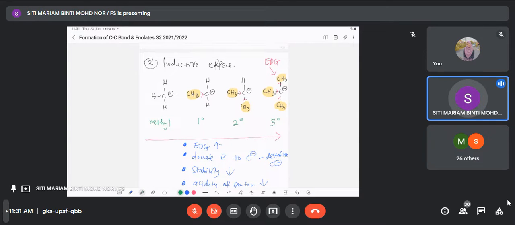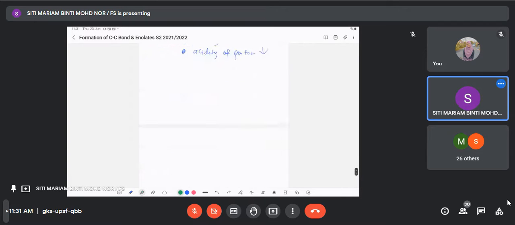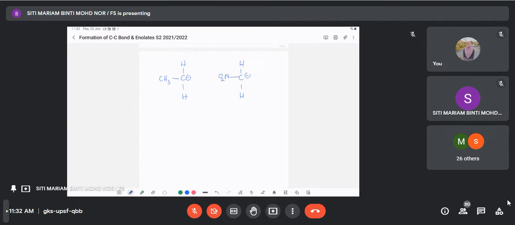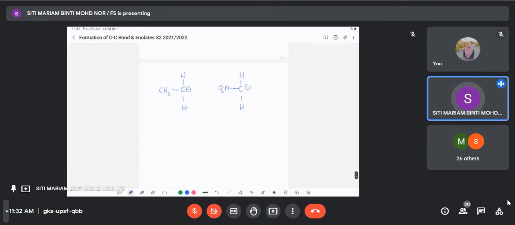Now I just want to show you another example related to the inductive effect. I want you to compare these two structures. Let's say you have this carbanion with CH3, H, H. I want to compare it with this compound here, with NO2. We want to talk about the inductive effect.